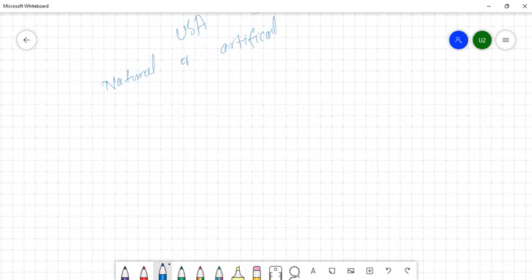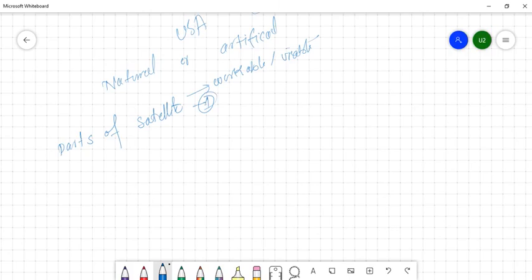Now let us talk about the parts of a satellite. Number one, the satellite must be workable, viable, feasible: a power station of its own.